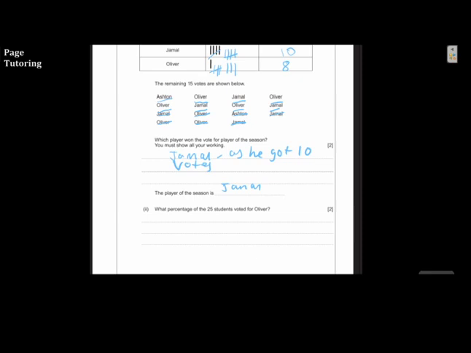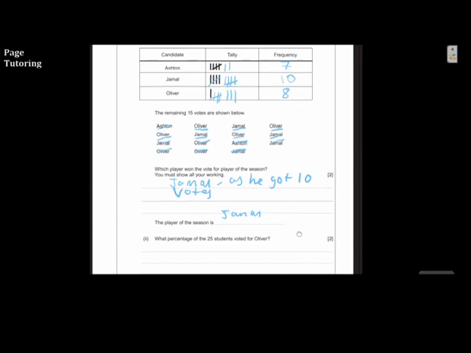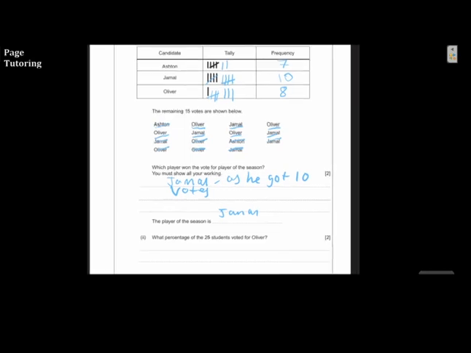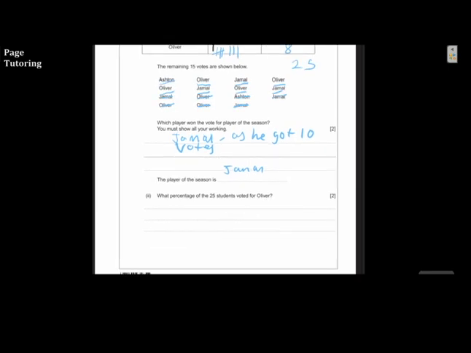What percentage of the 25 students voted for Oliver? Well, if we have a look here, so all 25 students voted. We can see that by looking at the frequency and seeing that 7 voted for Ashton, 10 for Jamal, 8 for Oliver. That tots up to 25. Okay, so we're happy everybody voted. So now out of 25 students, I'm going to write this as a fraction, 8 voted for Oliver.